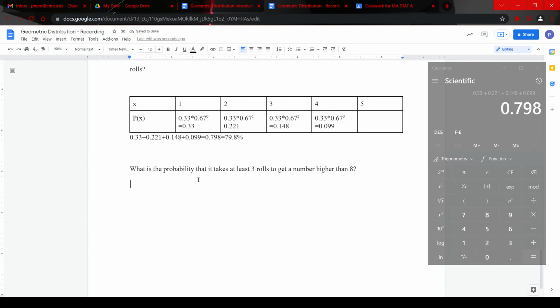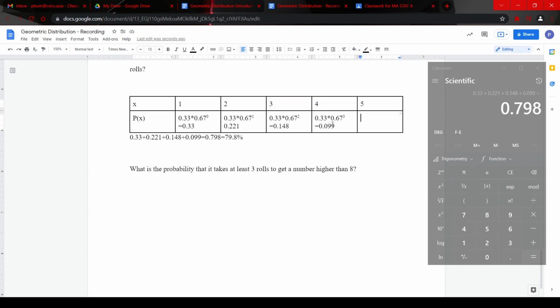The final question is asking, what is the probability that it takes at least 3 rolls? In this case, at least 3 rolls means that it has to be 3 or bigger. So it has to be 3, 4, 5, 6, 7, 8, 9, and it actually goes all the way to infinity.